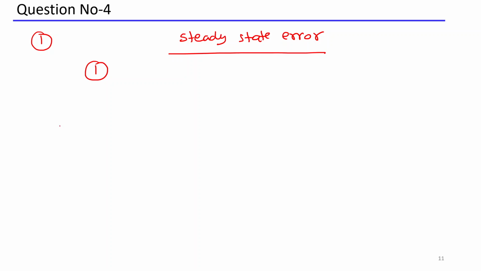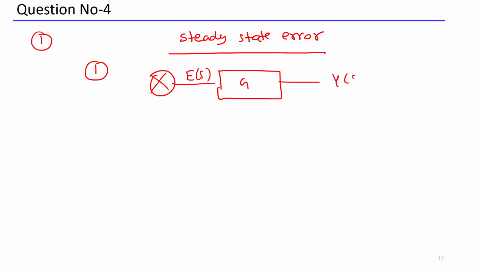Let me repeat the question. You have seen in the last question I took one block diagram. Here this is your E of s, and this is, let's say, Y of s, and this is the sensor, I'm taking H of s, and at the summing point I'm taking a negative sign, negative feedback, and here is U of s.